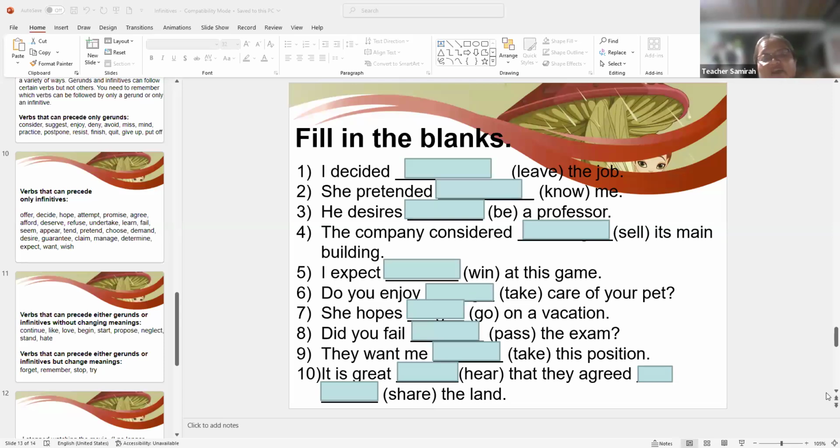Okay, number 5. Who would like to read number 5? I don't know. Who would like to read number 5? Okay, I will have to ask you first. What are you going to use? Gerund or infinitive?